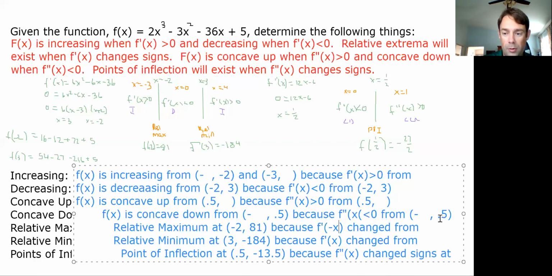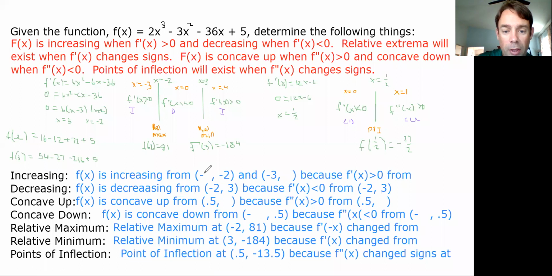And let's see here. I'm going to need a little bit more room here, aren't I? That's fine. We'll make it work. All right. Let's go through and try to fill these out. So it's increasing from negative infinity to, and infinity.